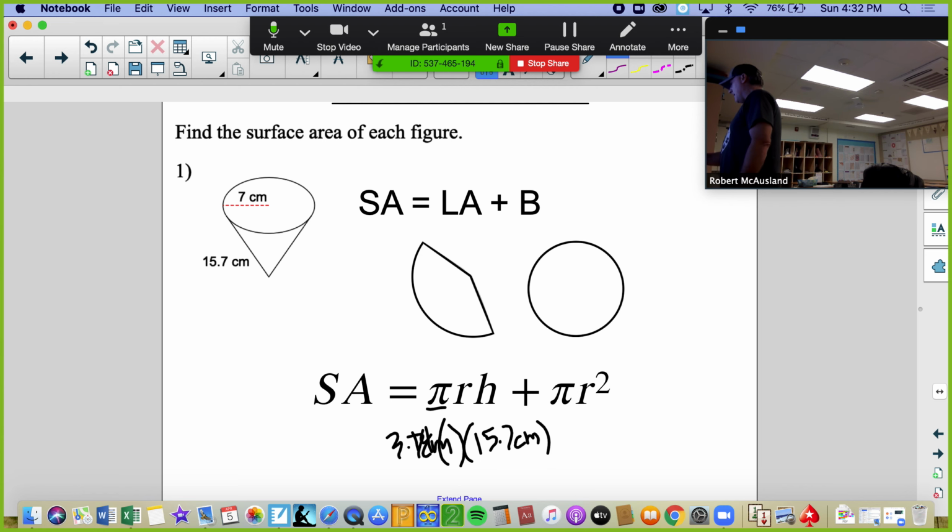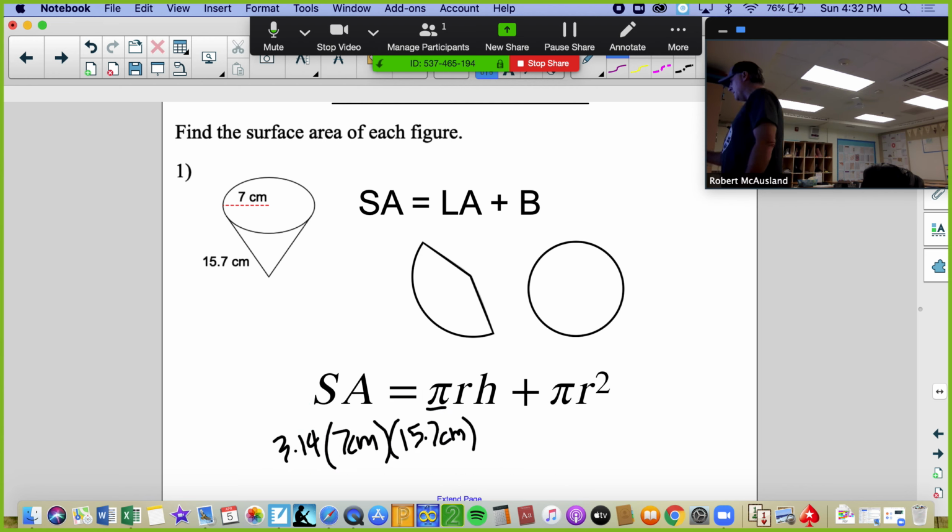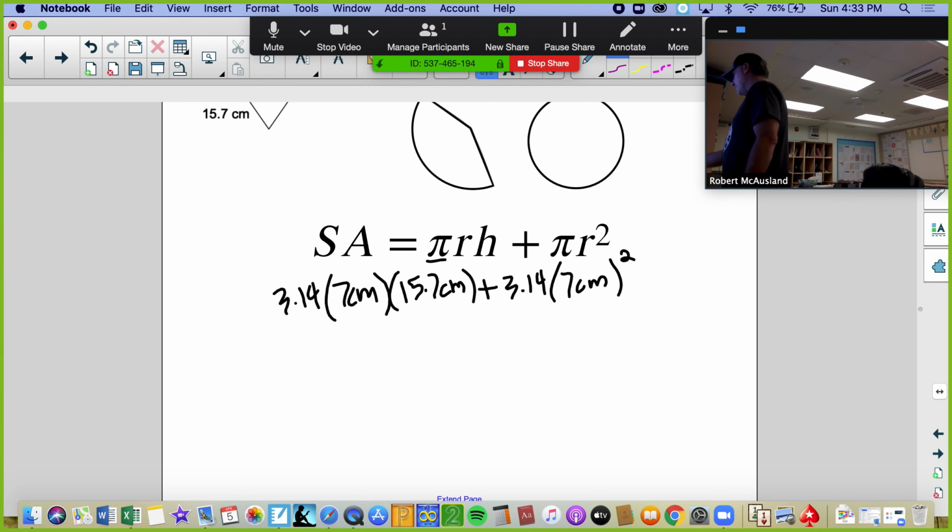And then we're going to take that value and add it to pi r squared. So again, we're going to use 3.14 for pi, and our radius is 7 centimeters quantity squared.